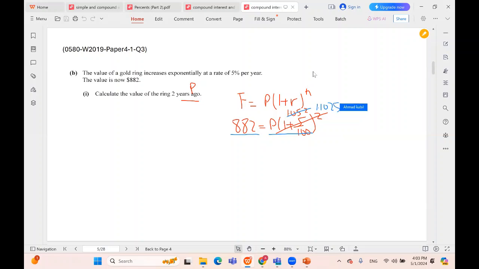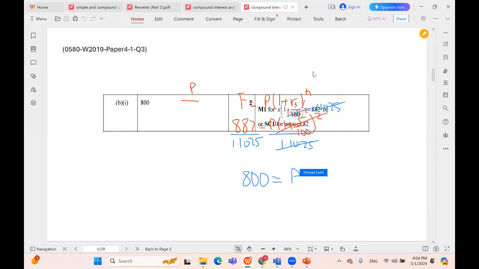So we divide both sides by the same number, which is 1.1025. These will cancel out, and you get 882 divided by 1.1025 equals 800. So 800 equals P. And 800 is the correct answer here.